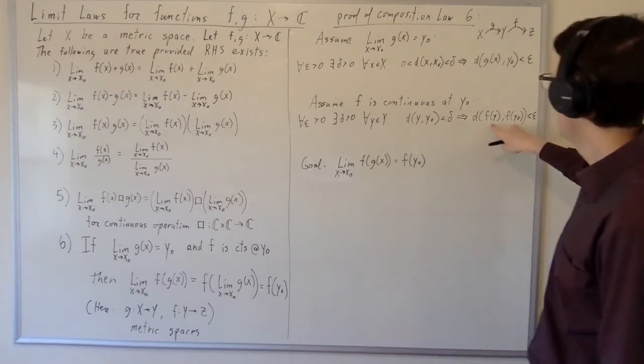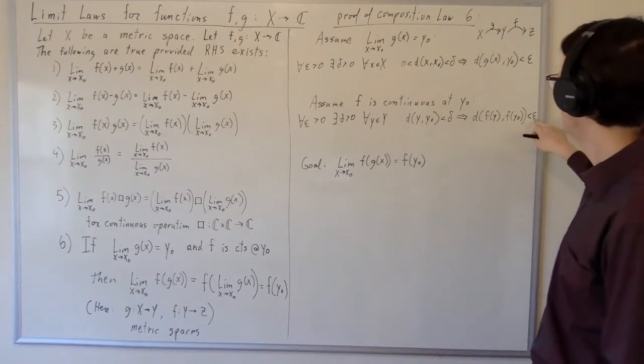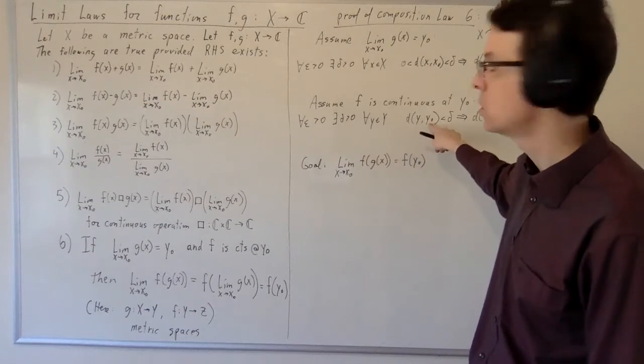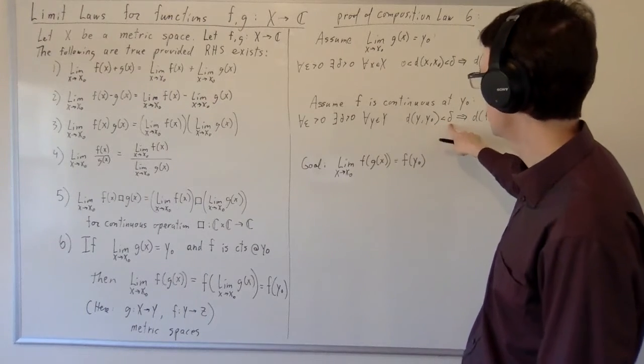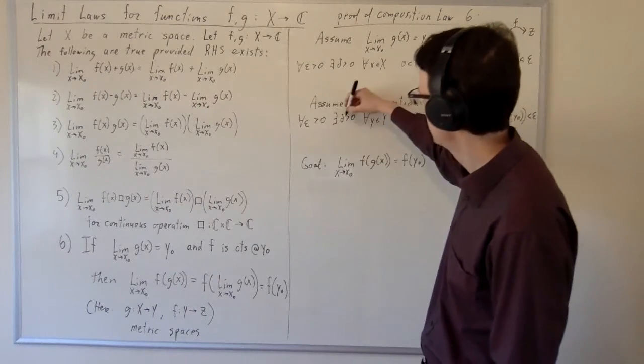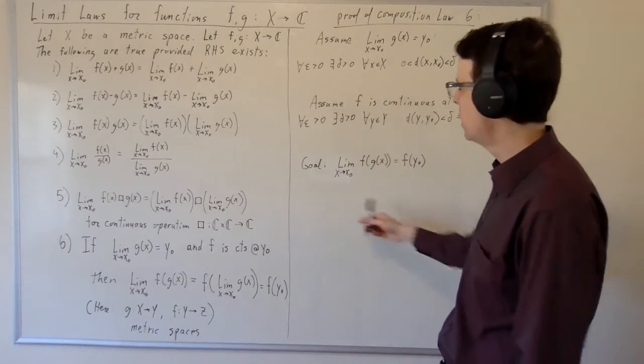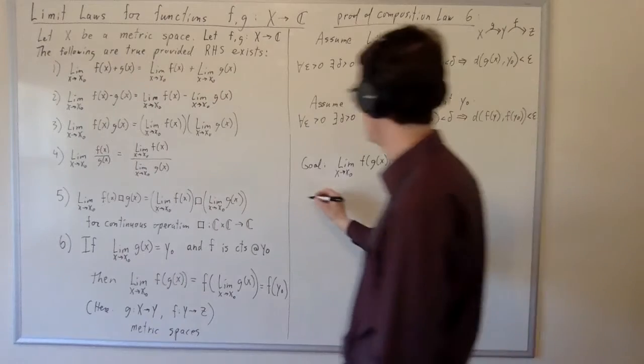However close we want f of y to be to f of y naught, measured by epsilon, we can get it that close by making y sufficiently close to y naught using a sufficiently close proximity value of delta here, and delta is positive. Okay, so now the goal is to prove this, and that, of course, is also an epsilon delta statement.